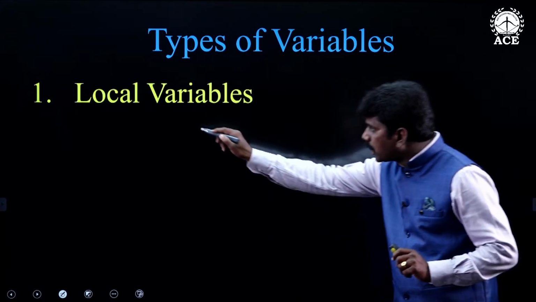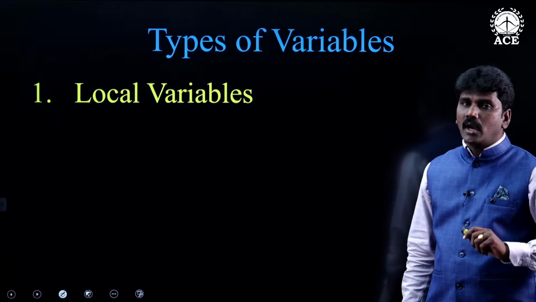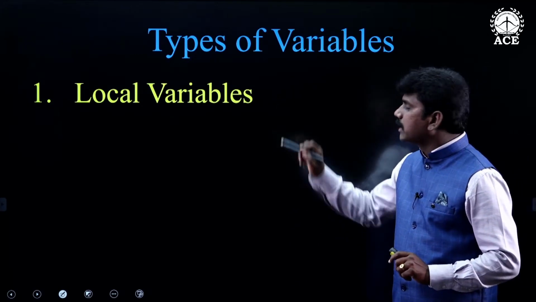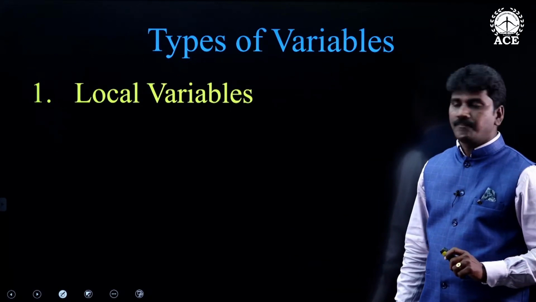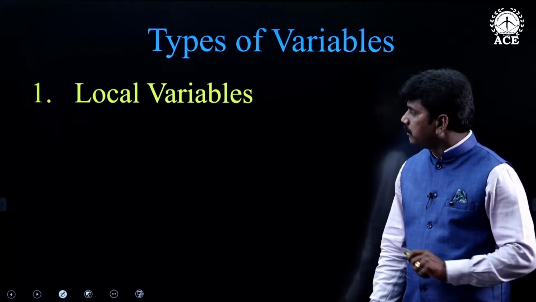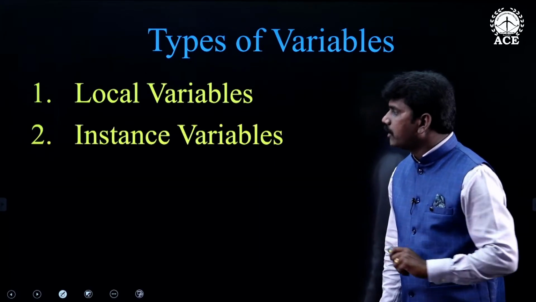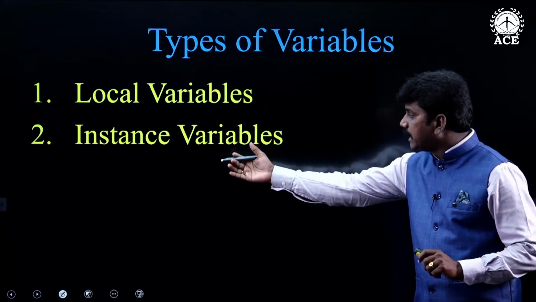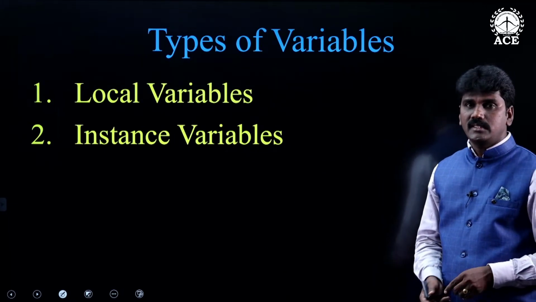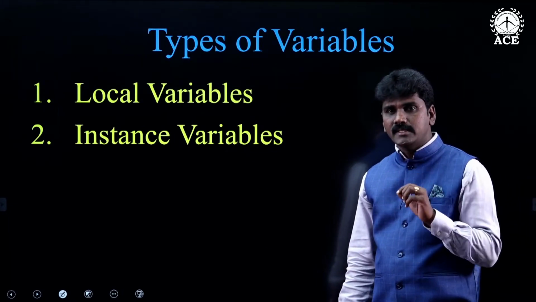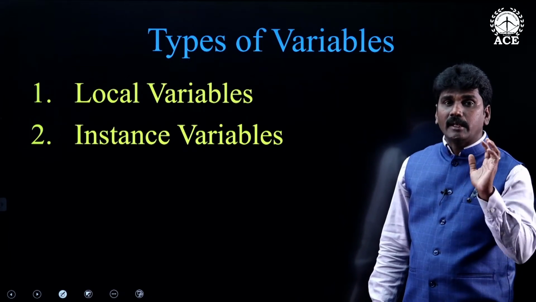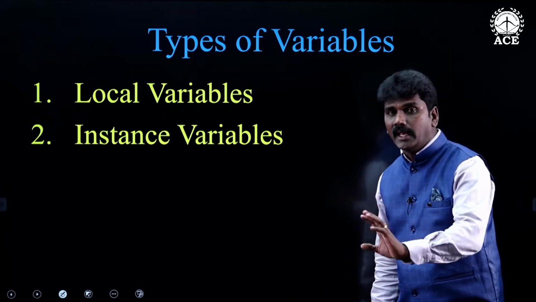One is local variables. Whenever you want to use variables along with methods, the variables we use are local variables. The second one is instance variables. What are instance variables? Java is an object oriented programming language.